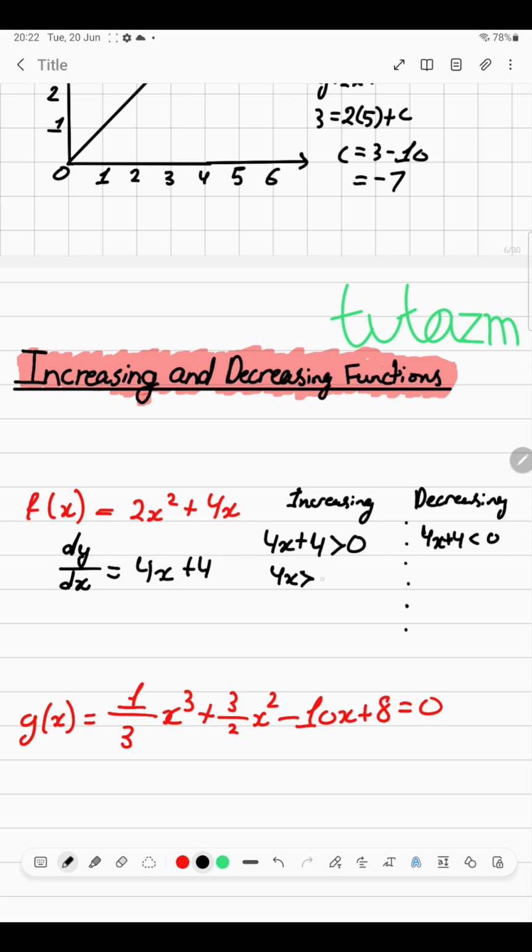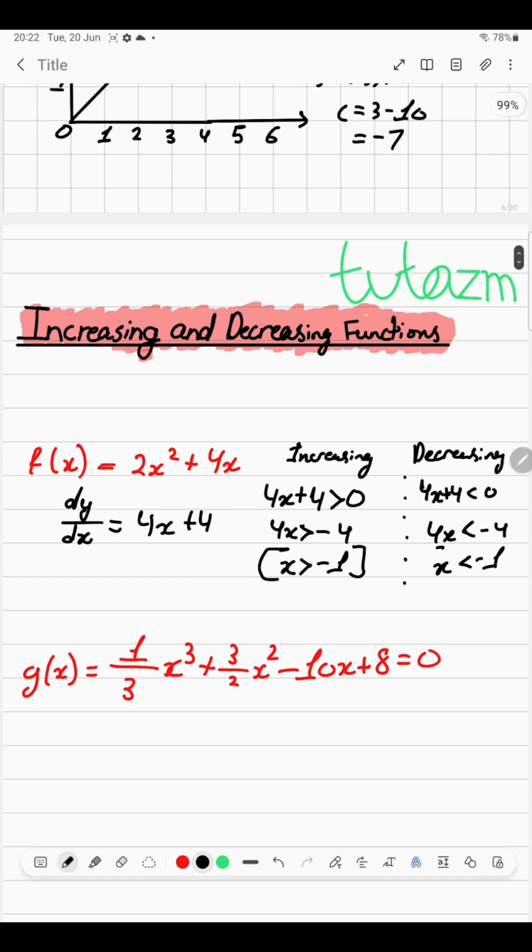So 4x is greater than minus 4 and x is greater than minus 1. 4x is less than minus 4 and x is less than minus 1. So this graph is increasing when x is greater than minus 1 and it's decreasing when x is less than minus 1.